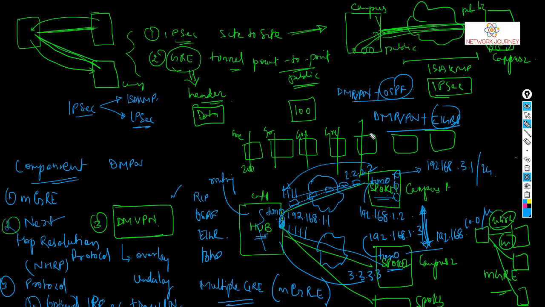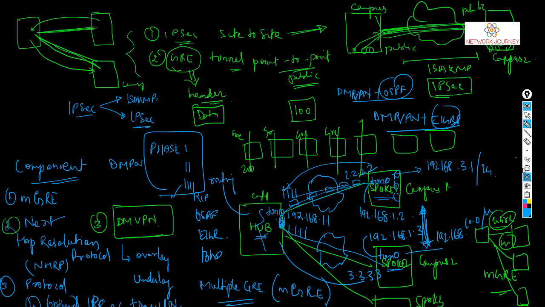The behavior of DMVPN is that they are on a private tunnel, private IPs are used. We can see spoke 1 communicating over the hub to spoke 2, but yes, spoke 1 can also directly speak to spoke 2. That will be covered in phases. We have 3 phases in DMVPN. We call them phase 1, 2 and 3, and each phase has its own benefits.